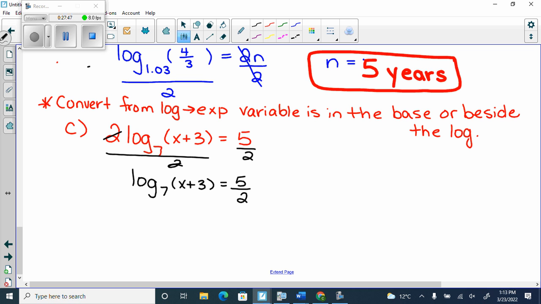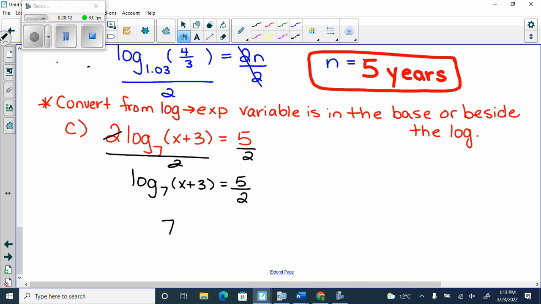So this 7 is the base of my exponent. In order for it to be a base of an exponent, it needs a what? An exponent, correct? If it's just 7, it's not a base of an exponent, it's just 7. So it needs an exponent in order for it to be a base. So the base of my log is the base of my exponent. What's its exponent going to be?